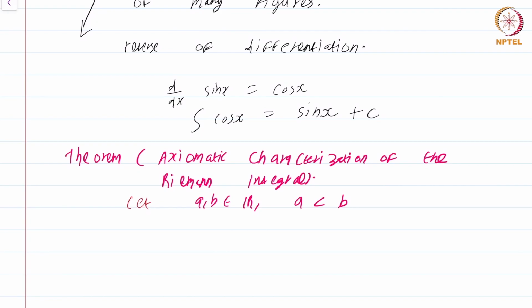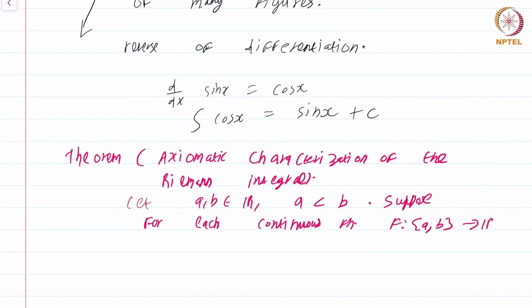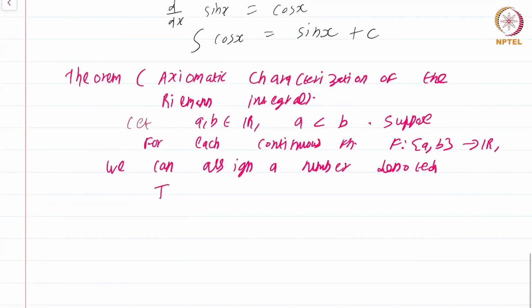Suppose for each continuous function f from [a, b] to R, we can assign a number denoted I_ab of f.